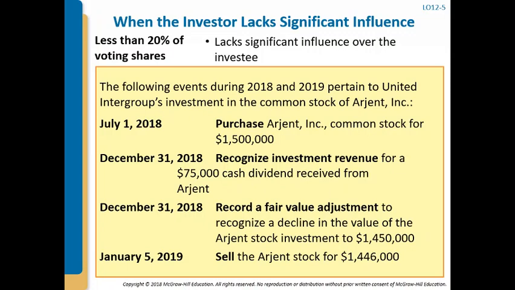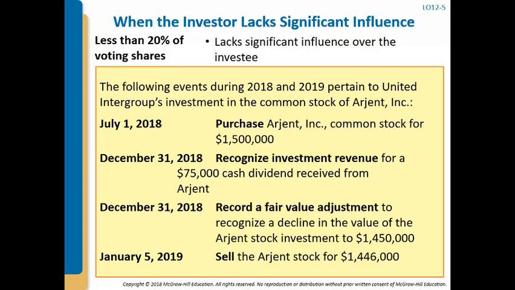At December 31, it's determined that the fair value of the Argent stock is worth $1,450,000, and so they're going to have to show a loss of $50,000. And then the last thing is they sell the Argent stock for $1,446,000 on January 5th of 2019.